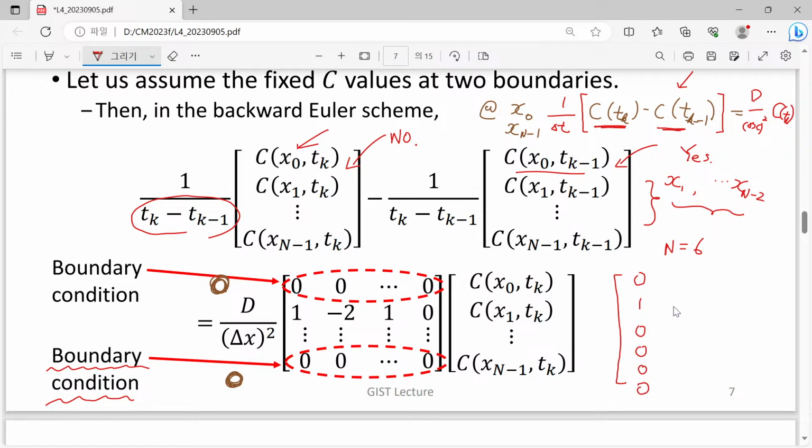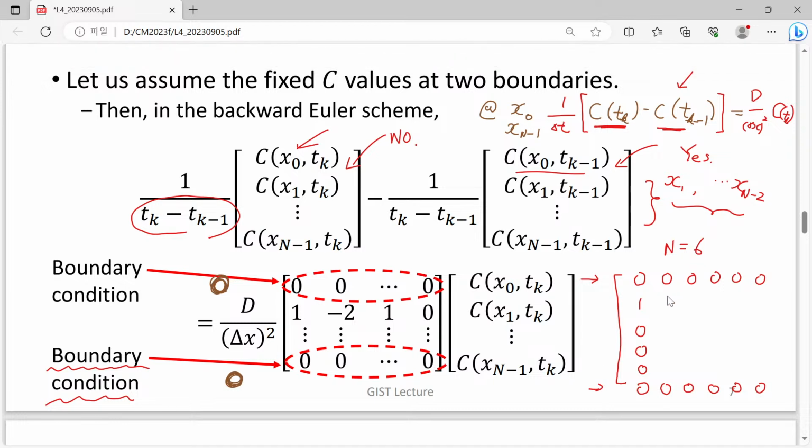Here we have 6 rows and 6 columns. So these all-0 rows, the first and last, are assigned for our boundary conditions. But for all the others, we have 1, minus 2, 1, then 1, minus 2, 1, eventually 1, minus 2, 1.